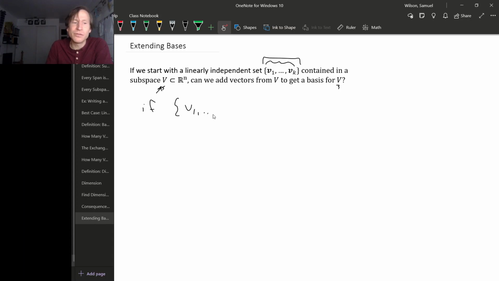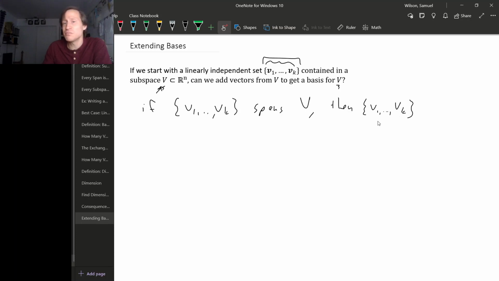If v1 through vk spans V, well, then we're done, because we assumed that v1 through vk is linearly independent, so if it also spans, then it's a basis. So then this is a basis for V. All right, but what if it doesn't? So what if these vectors don't span V?